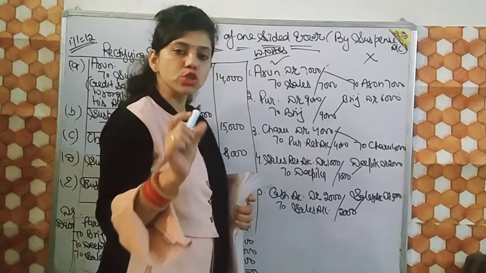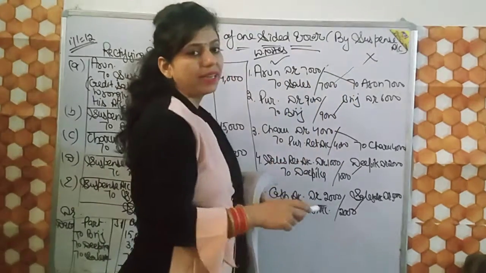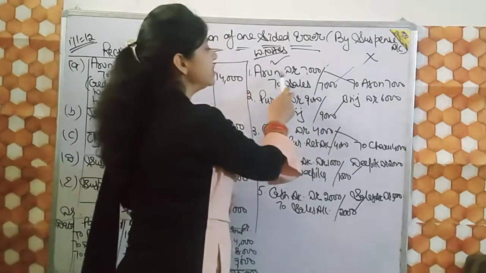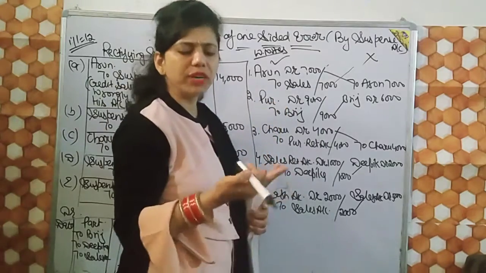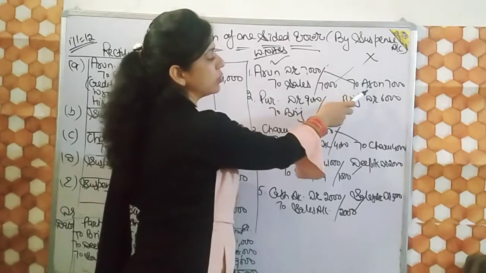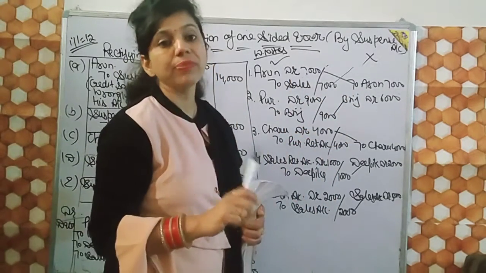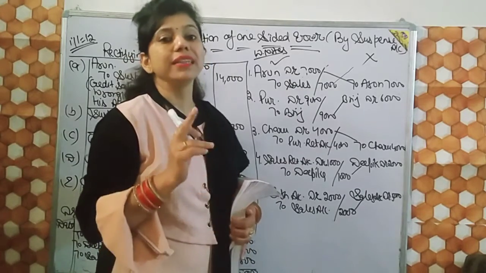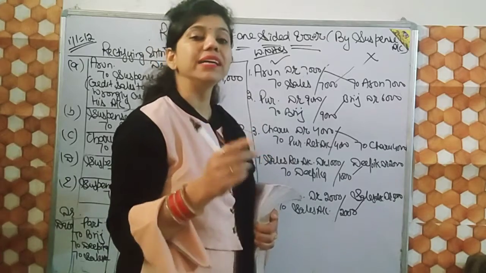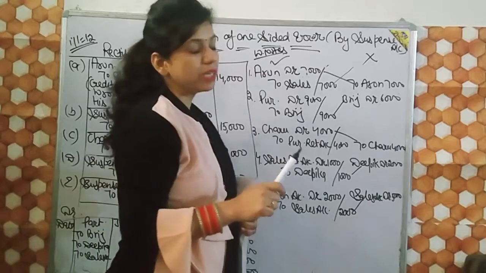I will tell you a short rule: if anything is crossing this way, left to right or right to left, with the same name and a different amount, it doesn't matter, with the same name. For example, Arun is debit and Arun is credit. That means Arun is crossing. The person or thing which is crossing, the amount should be added.